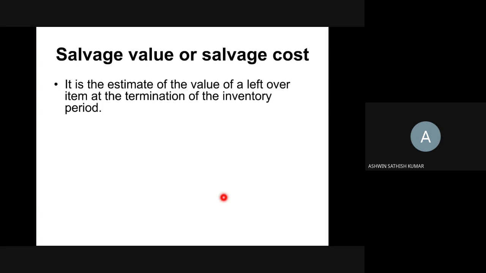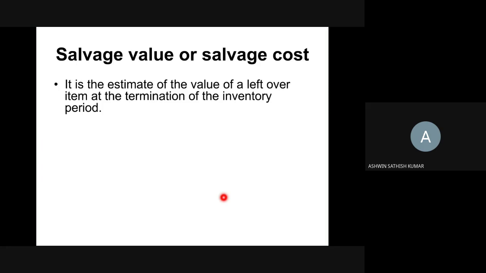In newspaper you are getting something from the garbage collector people, but in the banana business you have to pay something, you have to incur the cost to sweep, to clean the space, right? In both situations we have the leftover item, we are managing the leftover item. But in the newspaper you are getting something.